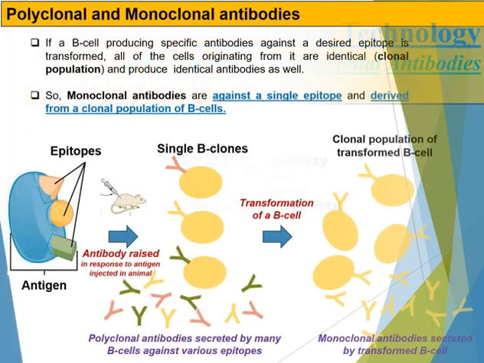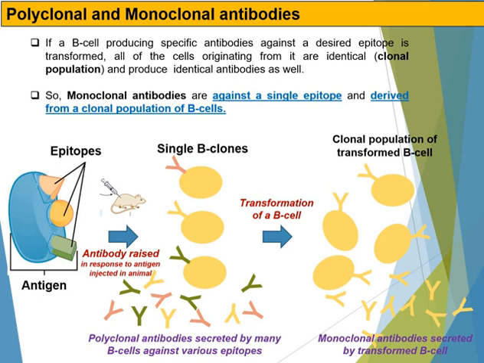So first of all, the question is, what is the difference between monoclonal antibodies and polyclonal antibodies? If you can see, this is an antigen, and an antigen is made up of different epitopes. An epitope is the part of the antigen to which a particular antibody binds. An antigen is normally made up of multiple epitopes.